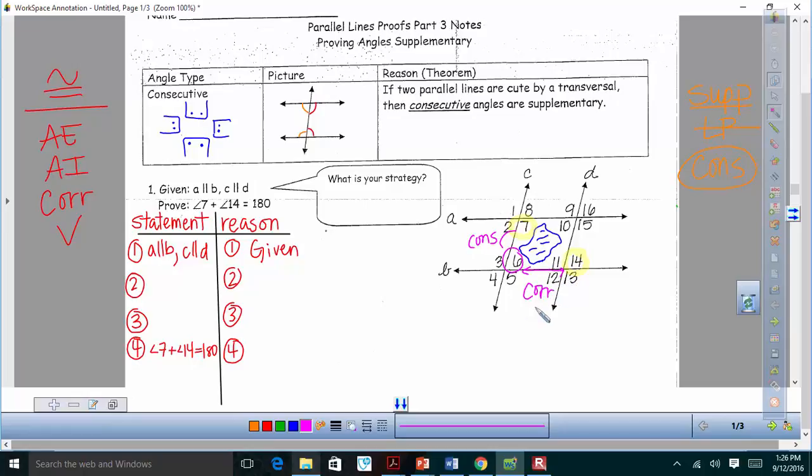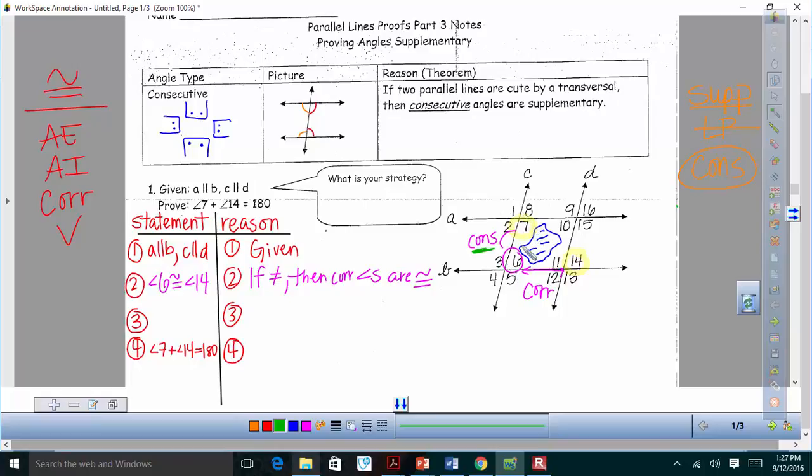Corresponding. Okay, I always like to write down my congruent statement first. So I'm going to write first that angle 6 is congruent to angle 14. And I know that because if two parallel lines are cut by a transversal, then corresponding angles are congruent. Then I'm going to label my consecutive, okay? And so instead of putting, we wouldn't put angle 7 as congruent to angle 6.